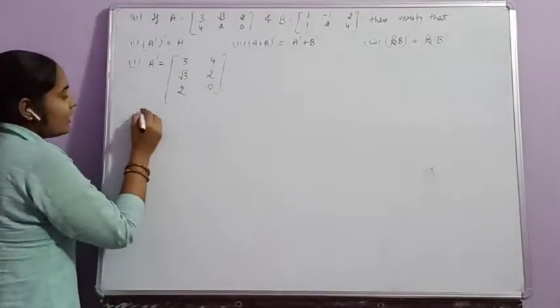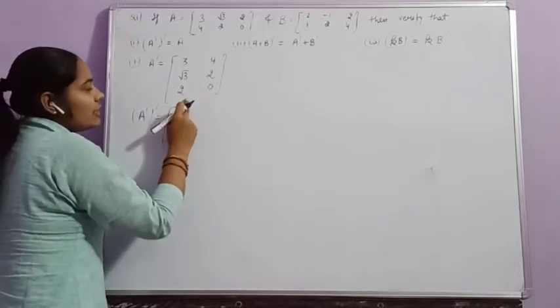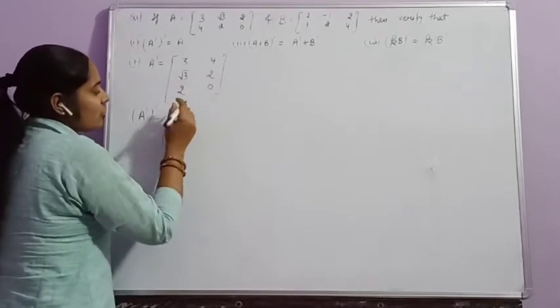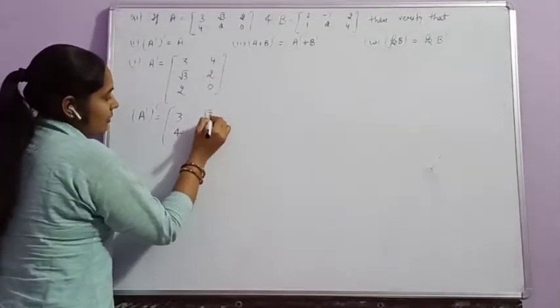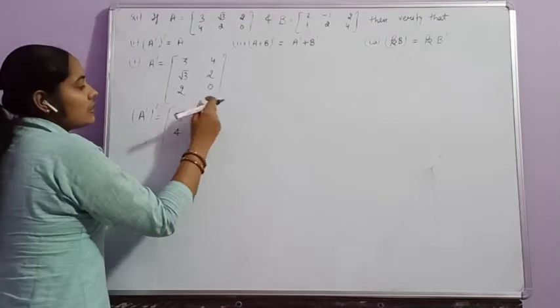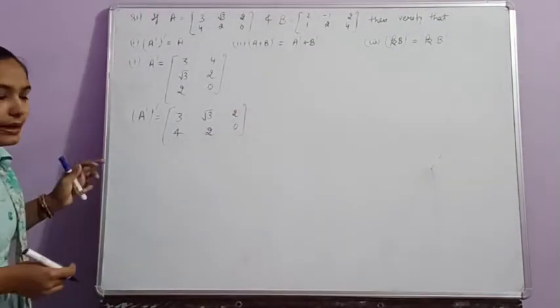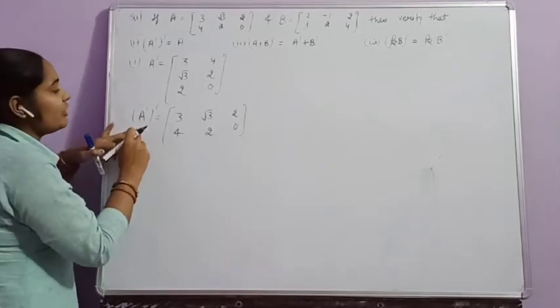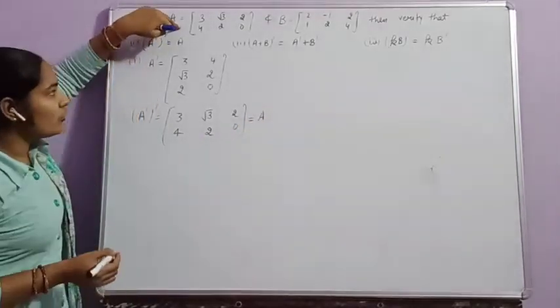Here we have to find again the transpose of A transpose. That is equal to first row into first column, that is 3, 4. Second row into second column, root 3, 2. Third row into third column. Clear? Here we can see that transpose of A transpose is equal to A. So the first part is proved.